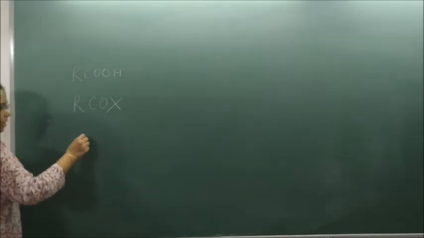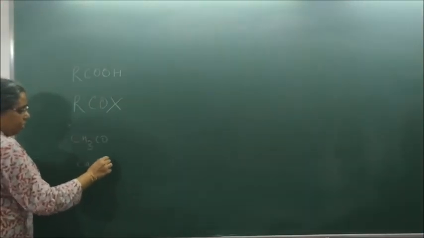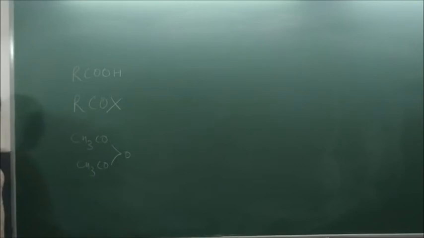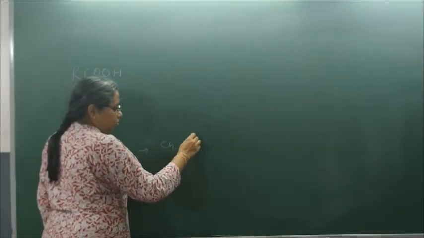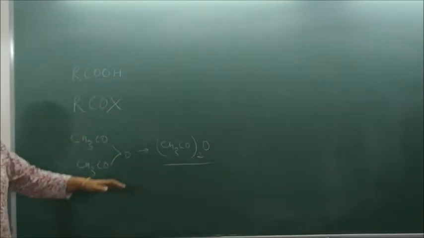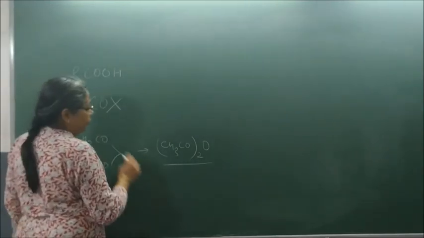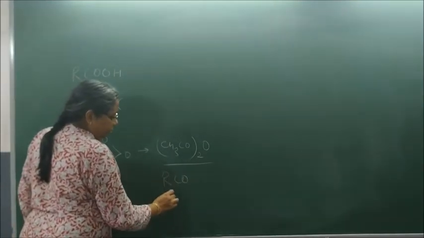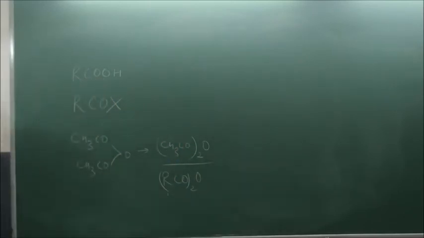Acid anhydride means CH3CO, CH3CO, which can be written as (CH3CO)2O. The general formula is (RCO)2O. This is called acid anhydride. Clear all the three?